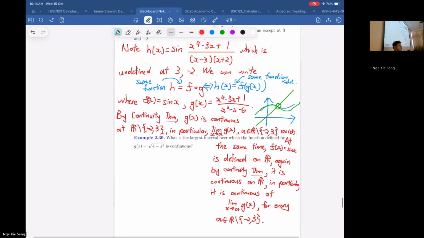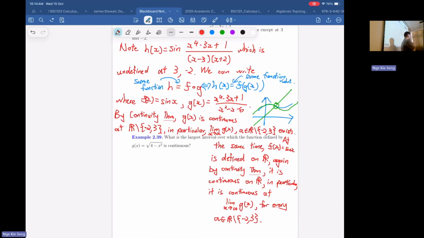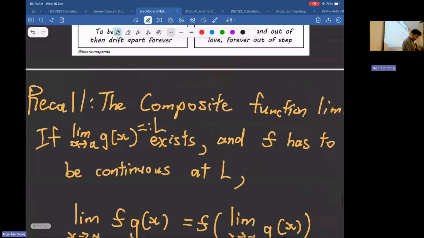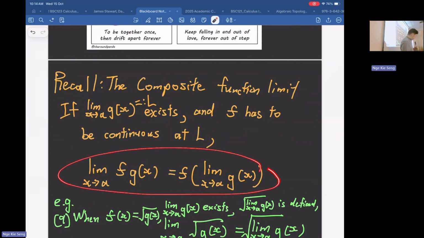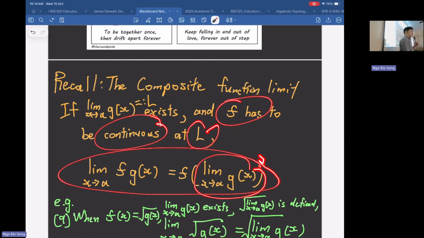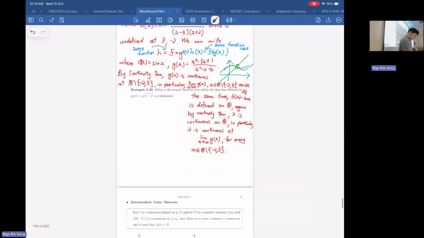Any question so far? So remember this composite function theorem. To write down this equation, you need to check the limit of g(x) first, and then check that f is continuous at this limit. So this is what we did here.